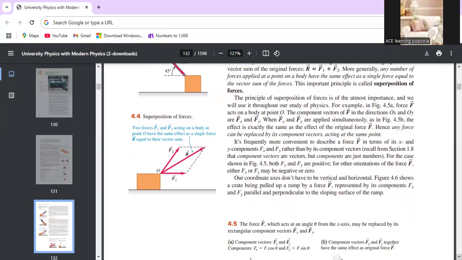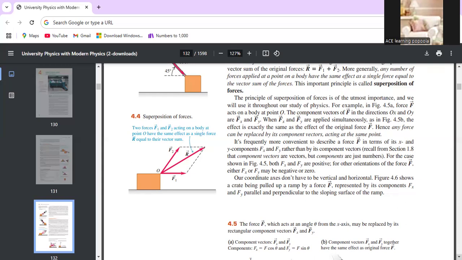So it's like saying if three little children were pulling on a tire, and then a grown-up asks them to stop pulling, and then he decides to pull for those children. I'm using that to explain what a resultant force means. So that single adult is like the resultant of the three children who were pulling on the tire initially.